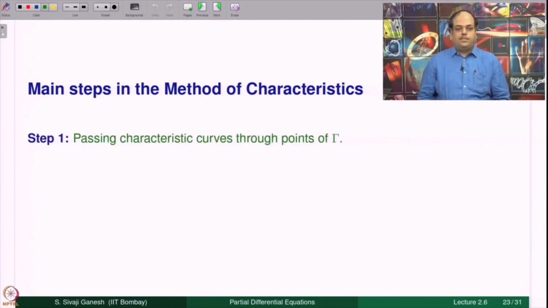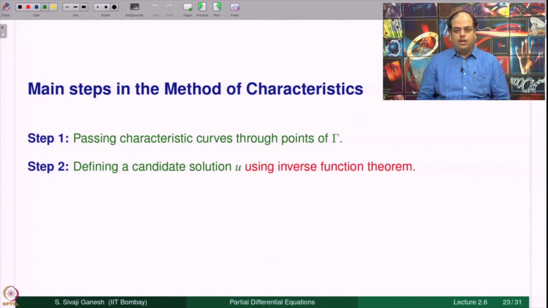So, what are the main steps? First step, passing characteristic curves through points of gamma. This is a strategy we tried for linear and semilinear equations in the last lecture. Step 2, defining a candidate solution u using the inverse function theorem. This is a key step.